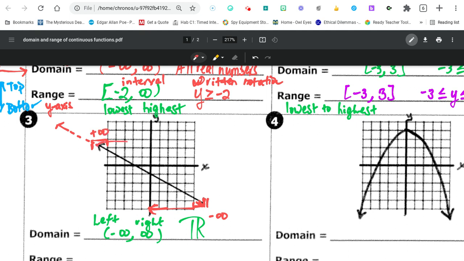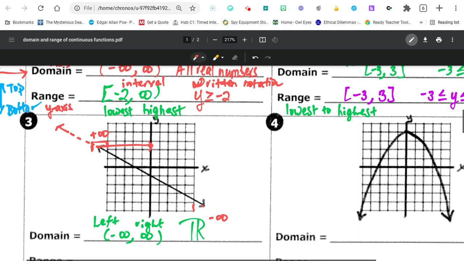Some people will say, oh, that's a y value of whatever that is. No, it's not. It's got an arrow on it, so it continues to go up. It doesn't stop right here, guys. It doesn't stop at that y. And this point down here doesn't stop at this y.